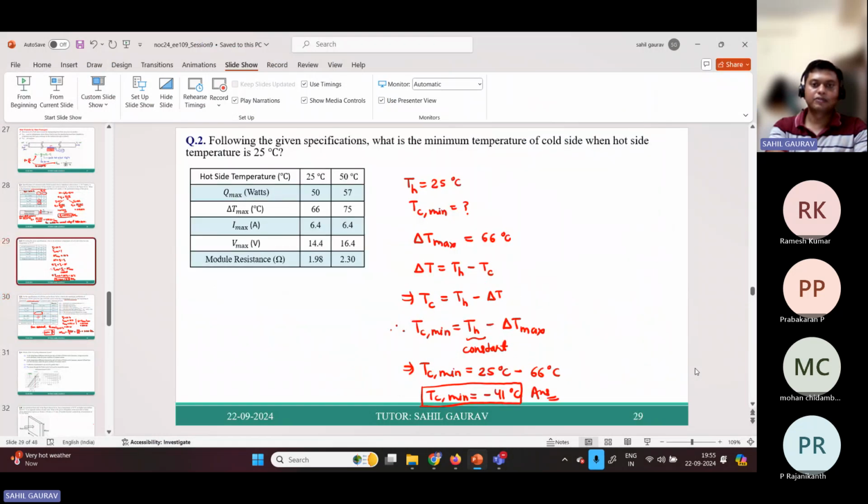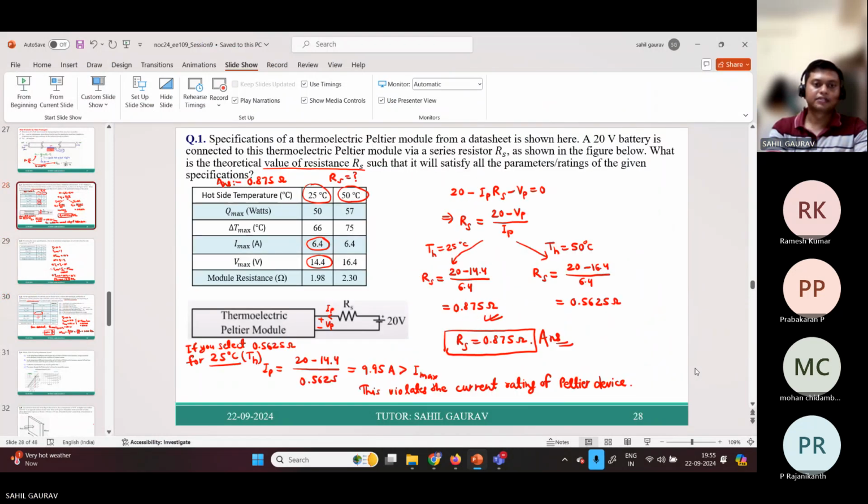Mohan, you have not understood why we chose the high resistance. I have told you the answer. If you choose the lesser value, it will violate the limit for this temperature of 25 degrees Celsius. If you choose 0.5625 ohm, then the current flow for this Peltier device will be 20 minus 14.4 upon this RS, 0.5625.